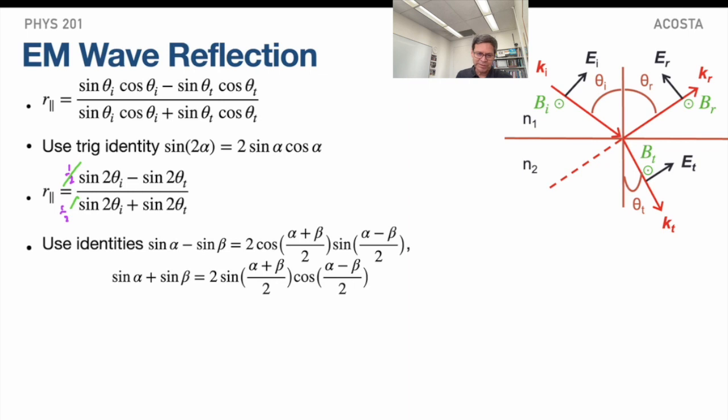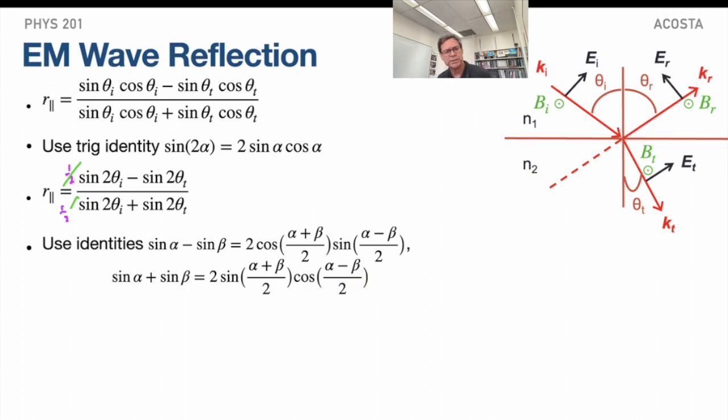Then I'll use a few more identities. One is that the difference sine alpha minus sine beta is twice the cosine of alpha plus beta over 2 times sine of alpha minus beta over 2, and the sum sine alpha plus sine beta is twice sine of alpha plus beta over 2 times cosine of alpha minus beta over 2.